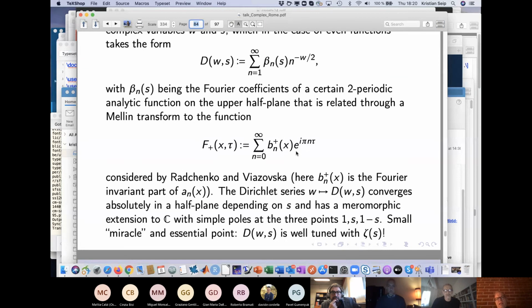And in the case of the beta n's, you have a different kernel than the Gaussian. The reason that they connect so well is that when you have the Gaussian and you take a Mellin transform, you get the gamma function, right? It's the same phenomenon as you have in the zeta function.